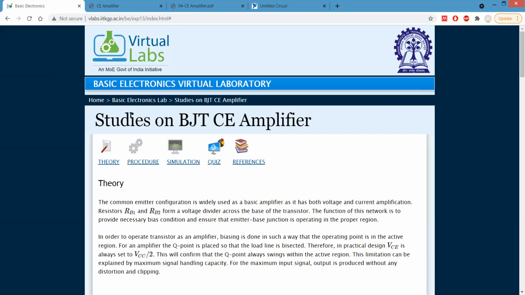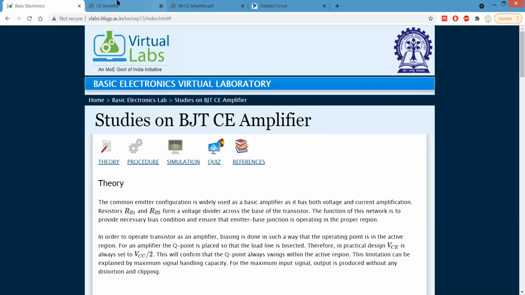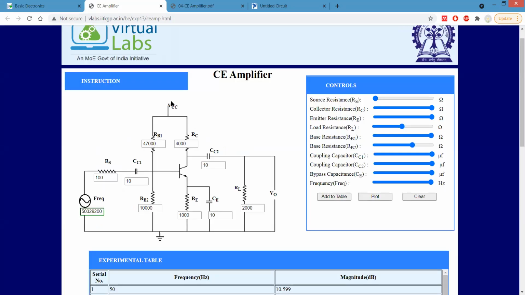That is similar for you people, as you are online, so this is similar to that kit experiment. In this case everything is connected and the values are given, and you just have to vary the frequency, means vary the knob.